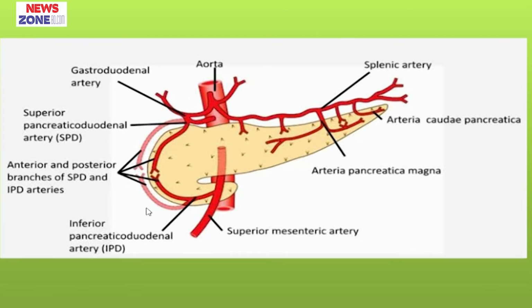And this is anterior and posterior division of inferior pancreaticoduodenal artery, which is a branch of superior mesenteric artery and which is the another ventral branch of the abdominal aorta. And this is the splenic artery, which gives pancreatic branches to the pancreas, and this is the largest branch, that is known as arteria pancreatica magna.